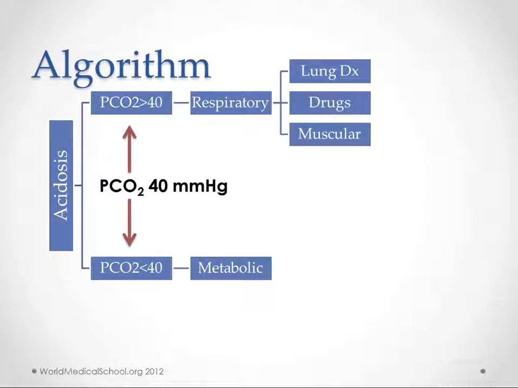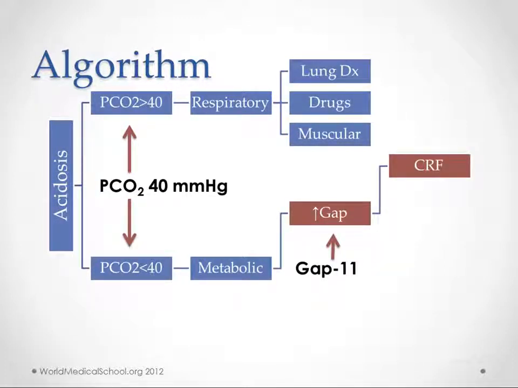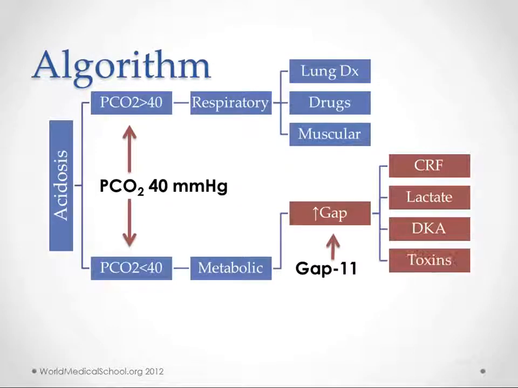So causes of metabolic acidosis. First, let's talk about the gap. So if a normal gap is 11, an increased gap might lead us to think of chronic renal failure, lactate, diabetic ketoacidosis are some of the big ones, and toxins.